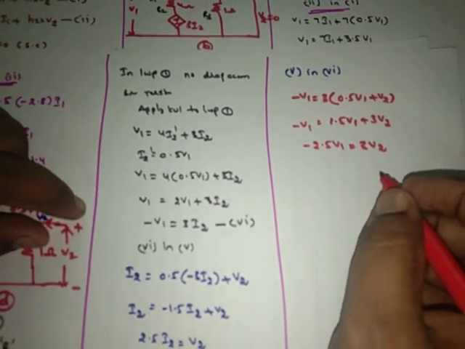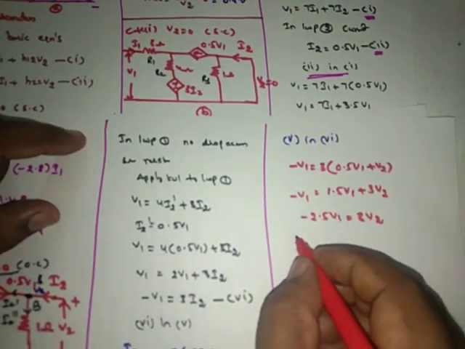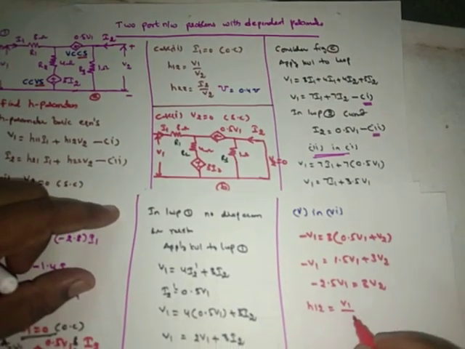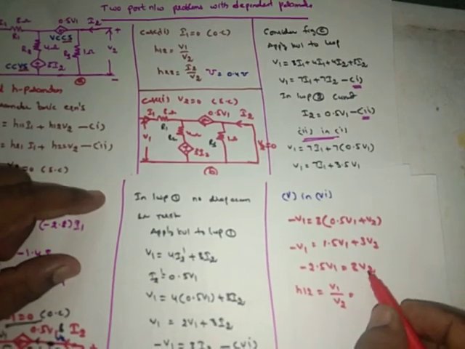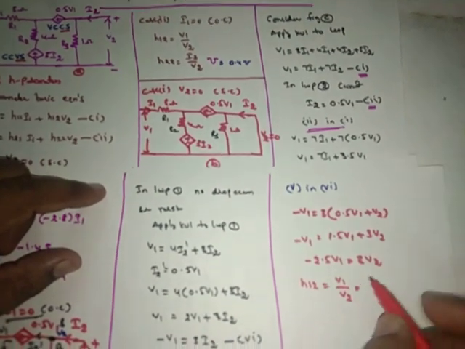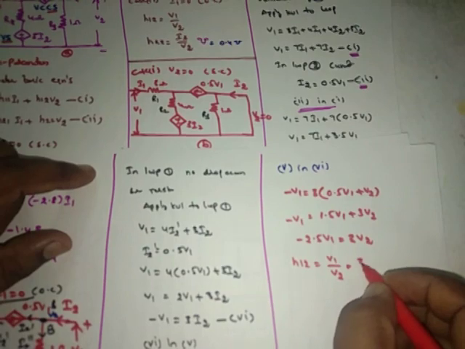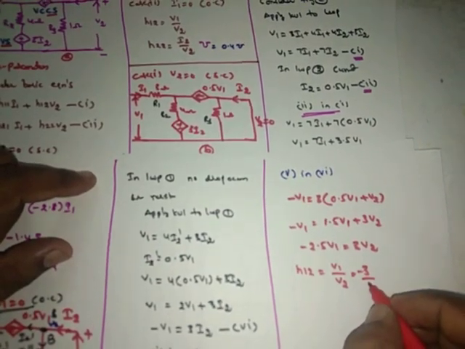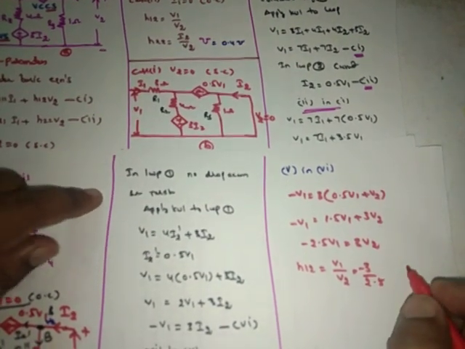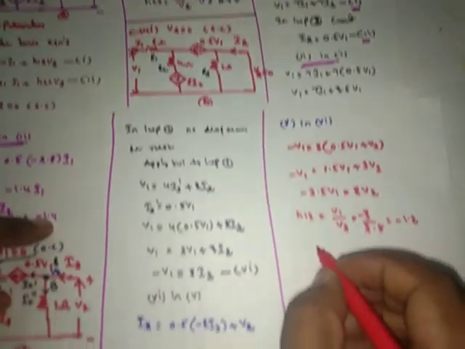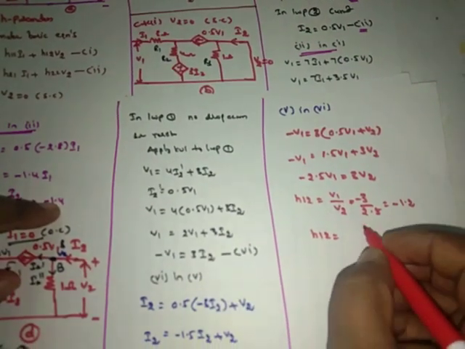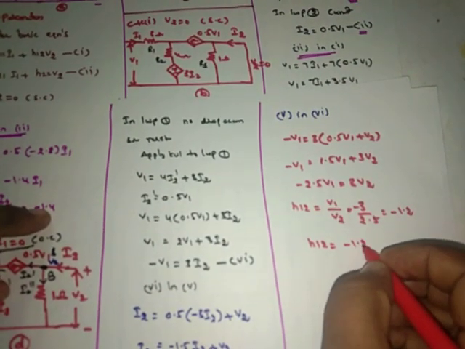Then again here is another parameter, H12. Here one more parameter, H12, is equal to V1 by V2, the reverse voltage. This is V1, this is V2, V1 by V2. So that is 3 by minus 2.5, that is equal to minus 1.2. So H12 is equal to minus 1.2.